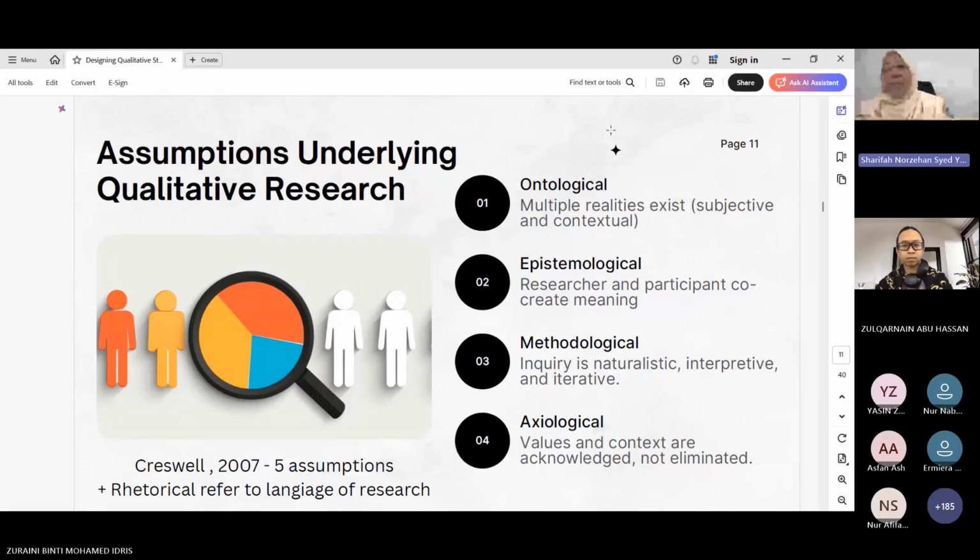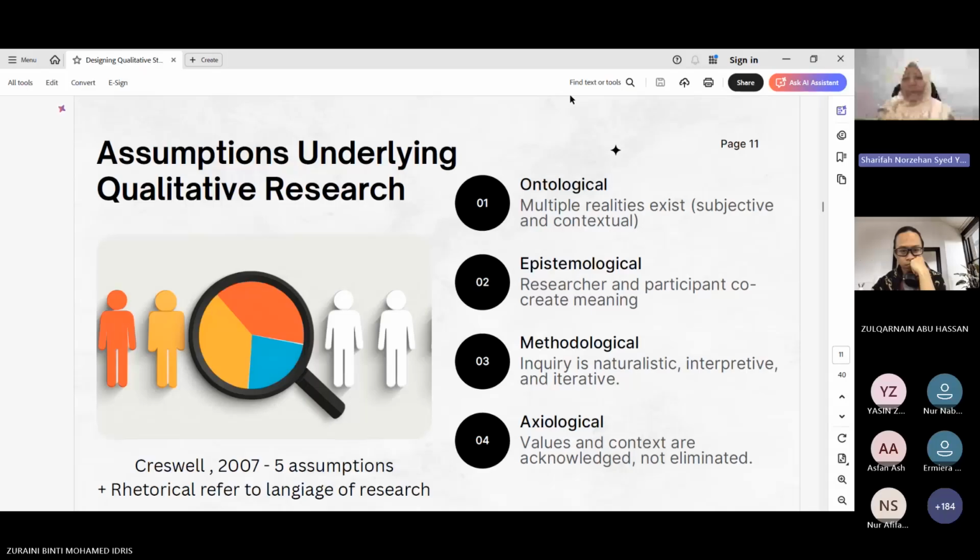Ontological assumptions. Based on the ontological assumption, you believe muhasabah has many meanings, and different people would understand it differently. So multiple realities exist.